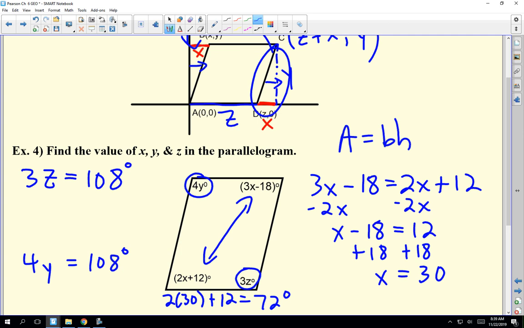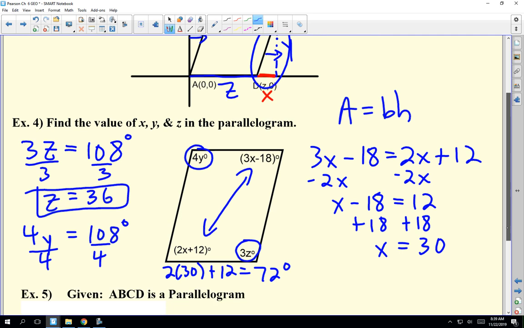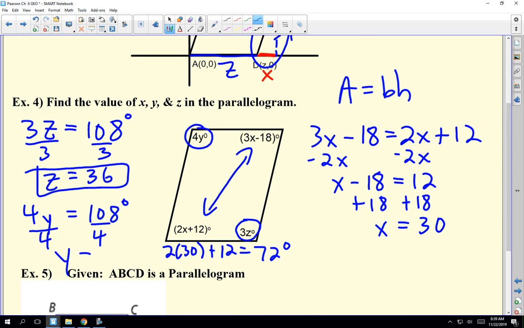So divide by 3 here. So z equals 36. And divide by 4. We've got y equals 27.